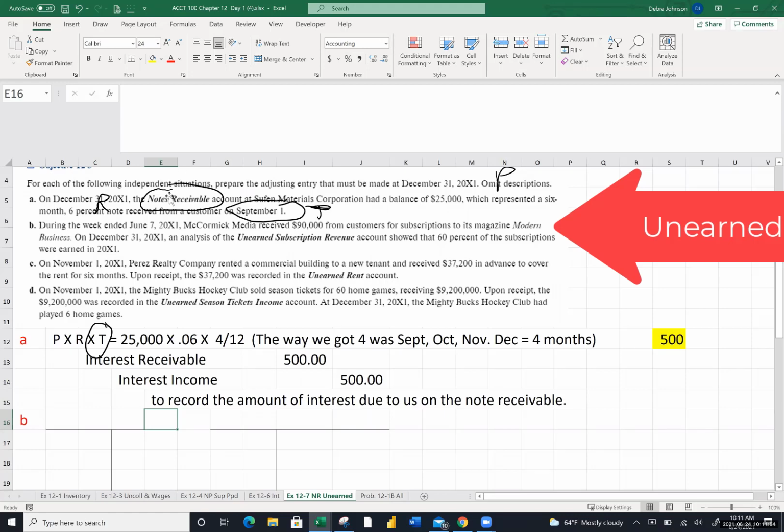So let's read. It says, during the week ended June 7th, McCormick Media received $90,000 from customers for subscriptions to its magazine, Modern Business. So they would have put that in this unearned account. Okay, and they told us it was unearned subscription revenue. So I'm going to write that up here. Unearned subscription revenue.